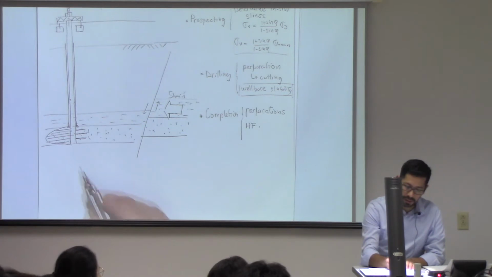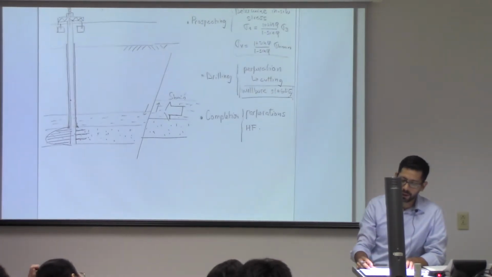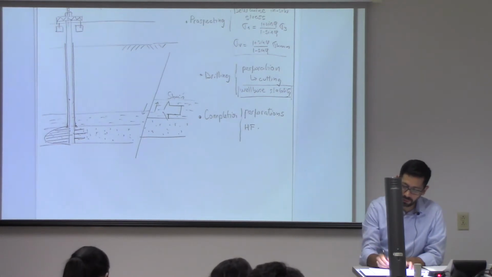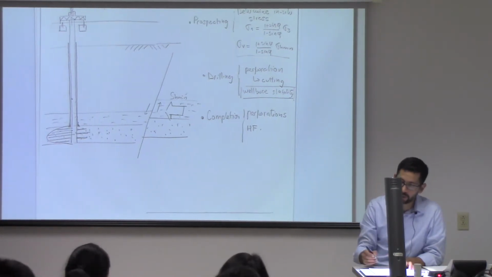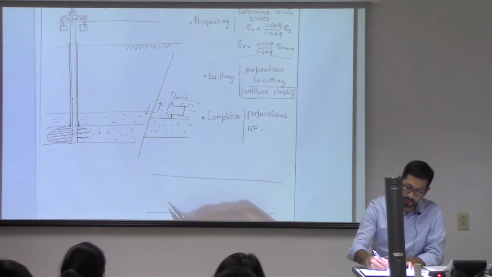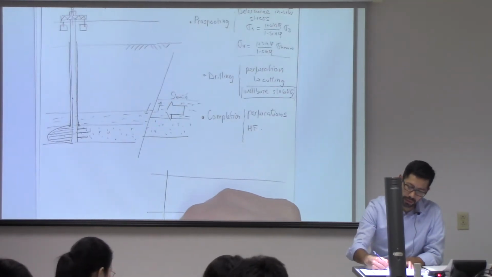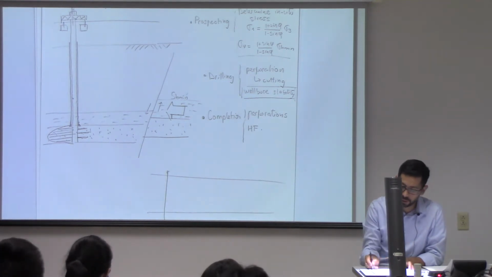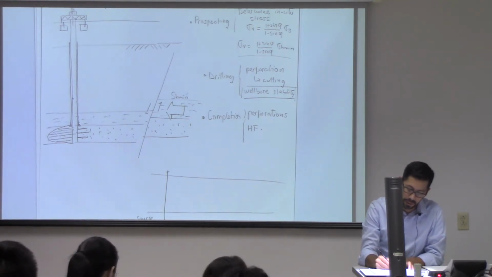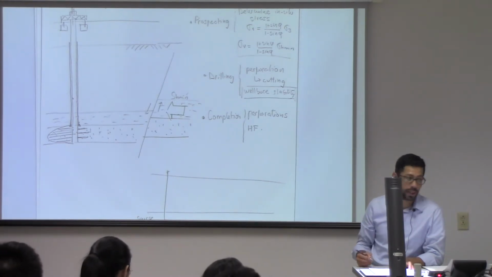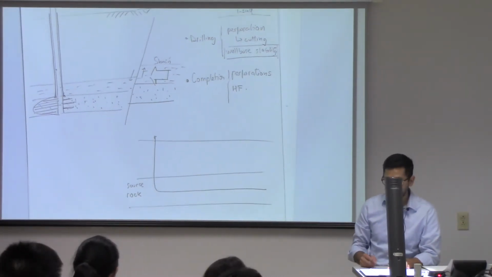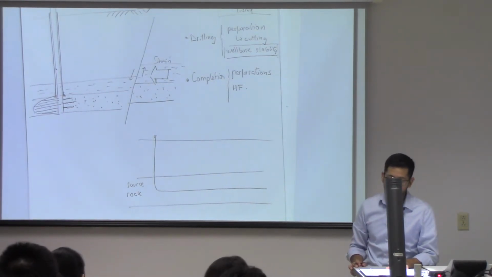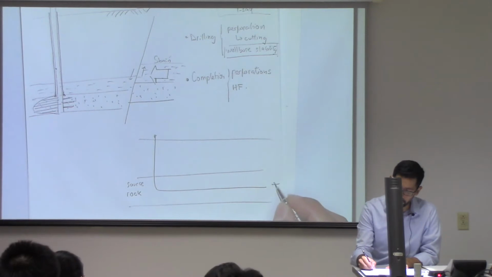Before I continue with this example, I have another example about inelastic strains. And for that, we're going to go into unconventionals. So if you're working on an unconventional field and you go to the source rock and you drill a horizontal wellbore there, usually what you want to do in order to maximize your surface area is to put as many fractures as possible, right?